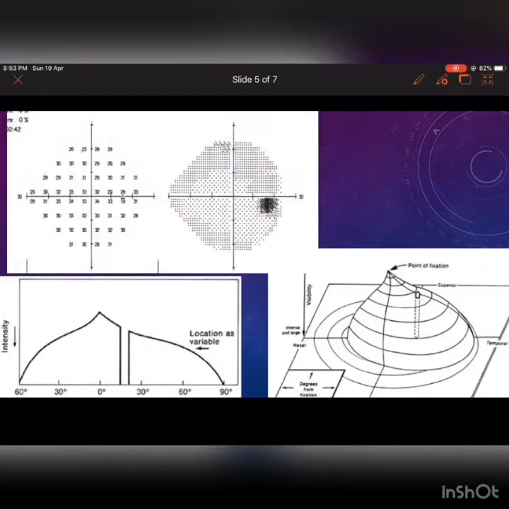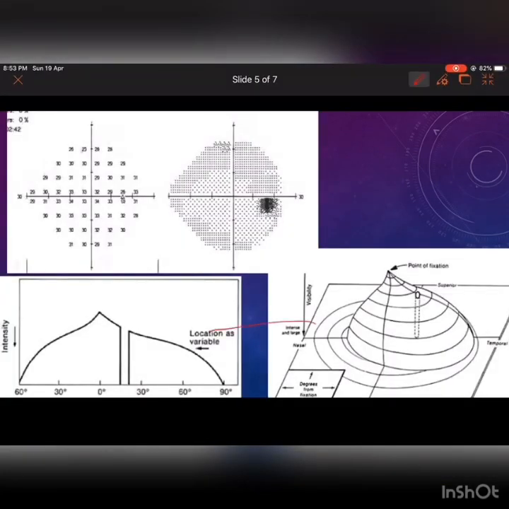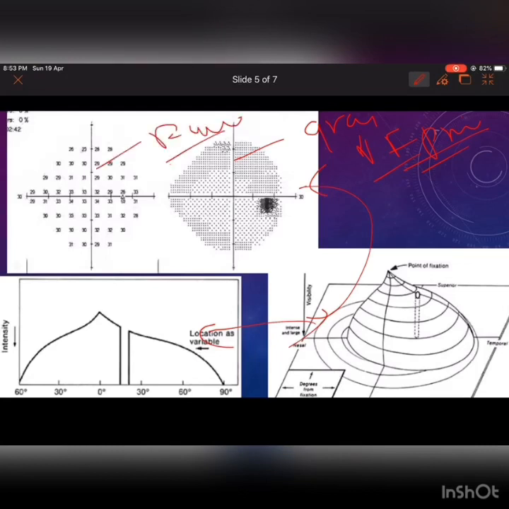Now this slide is very important, where you have to correlate these two figures with this figure. This is the figure which you will see in the visual field printout, to analyze the visual field printout. This is called the grayscale, and this is the raw numerical value.